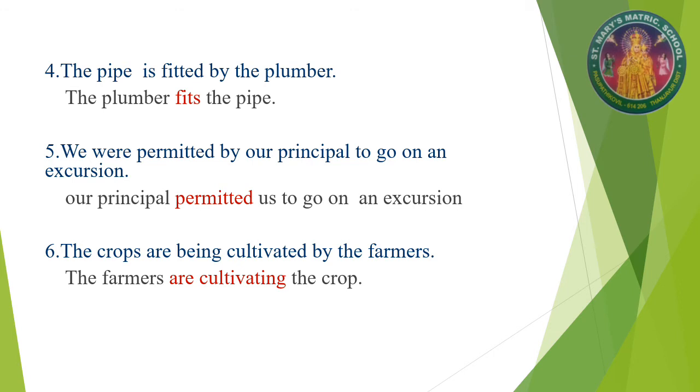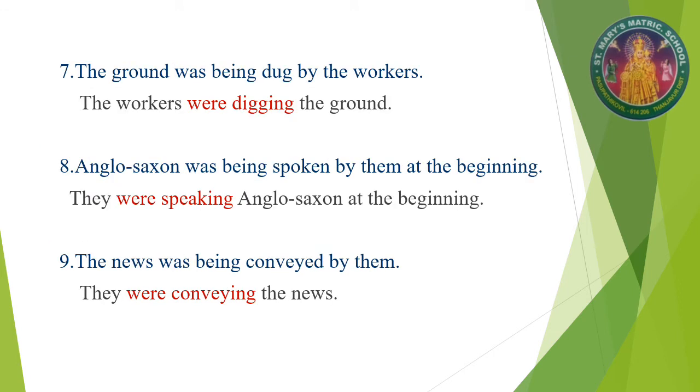Now bring down the subject as the object, the crops. Do you understand? Come to the next sentence. The ground was being dug by the workers. Now come on, split the sentences. The ground, it is a subject, was being dug is a tense. You have to remove the by. Next, the workers.